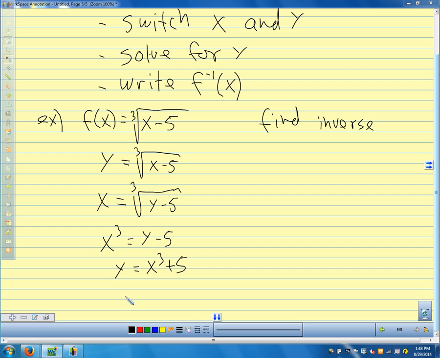And now I write f inverse of x equals x cubed plus 5. And there's my inverse function. And if it asks you to verify that this is the inverse, we would form the composition both directions and show that we end up with x.